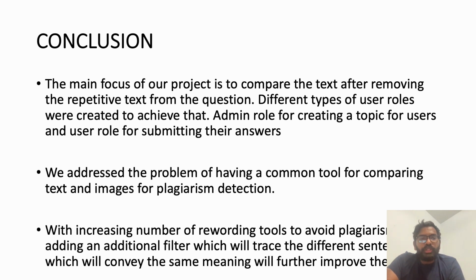So to overcome that, the future work might include adding something which we can call a smart filter, which can extract the meaning of a sentence and check if there is any other sentence conveying the same meaning. That might further improve the results.